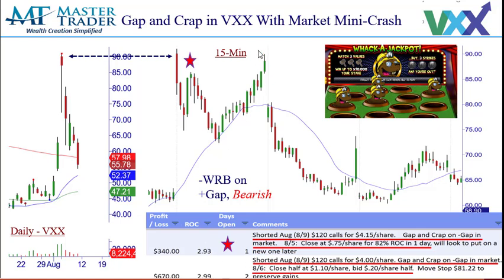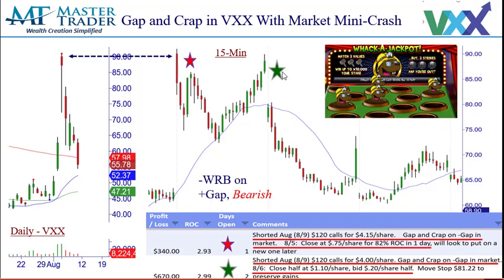Let's do it again. Let's short the 120 calls expiring 8/9 for $4, just a limit entry, $4 a share. We got filled on this little rally into the end of the day. Sold them for $4, bought them back at 20 cents, and this has these headwinds timed with the spiders, $675.